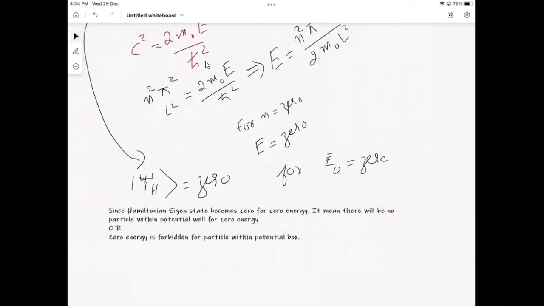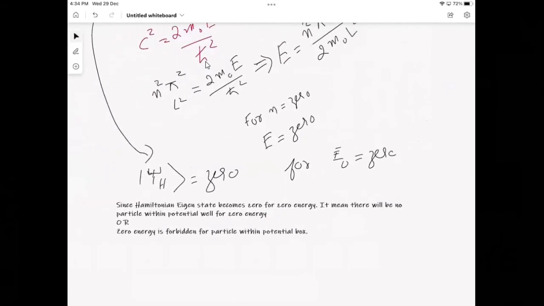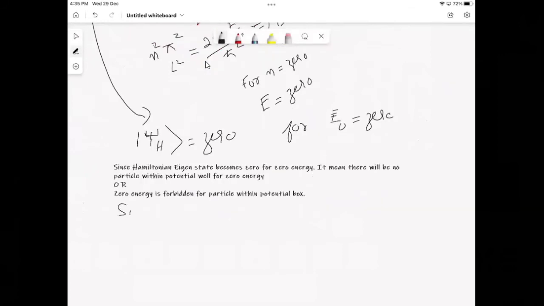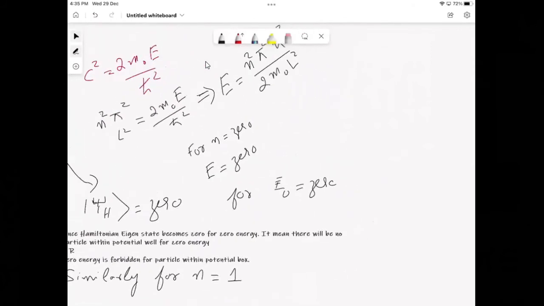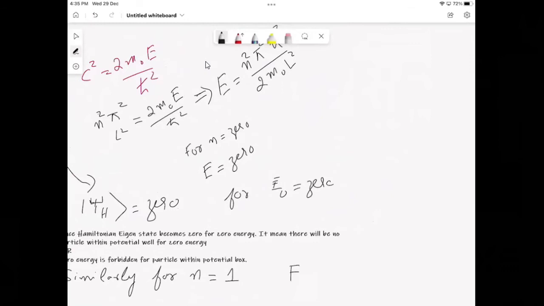Or if we consider n equal to 1, when we put n equal to 1, then E will be equal to pi square h cut square over 2m naught L square.